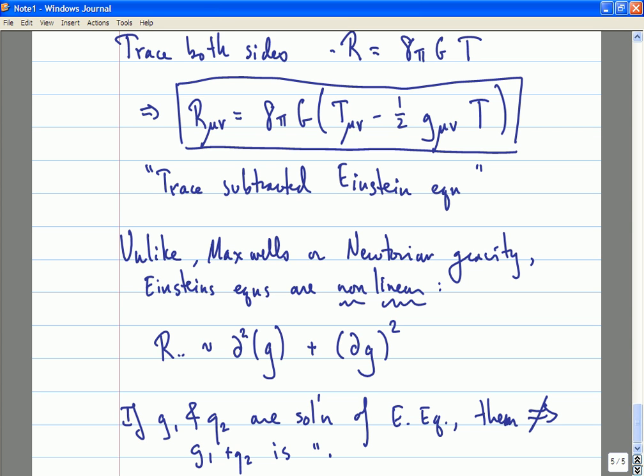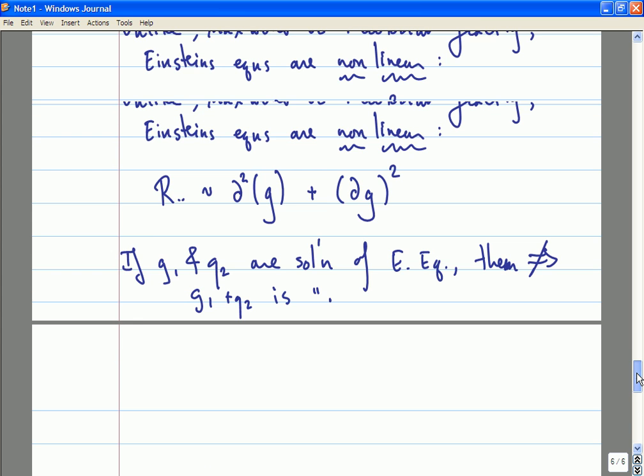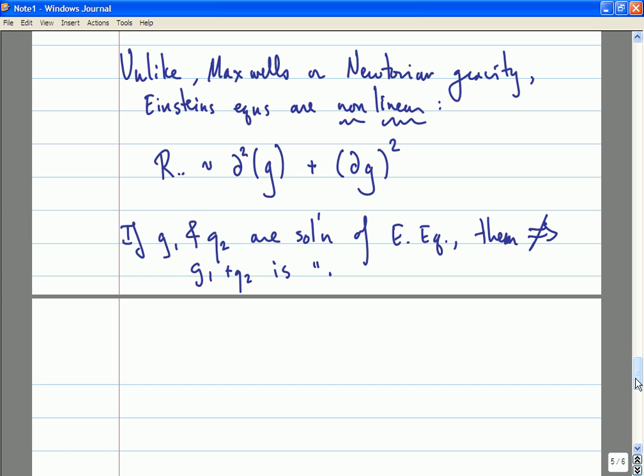So it's worth stepping back for a second and asking why it is that Einstein's equations are nonlinear, whereas Maxwell's equations, for example, are linear. So why is it, let's ask ourselves, that Maxwell's equations are linear?